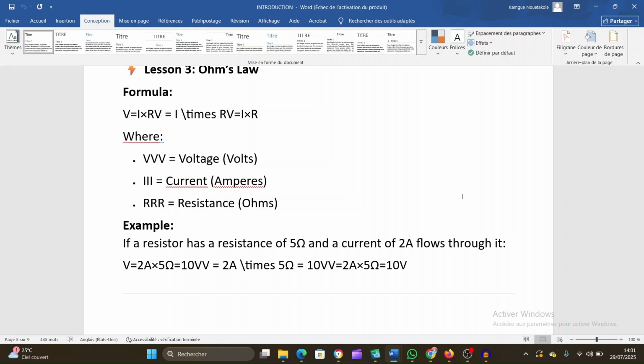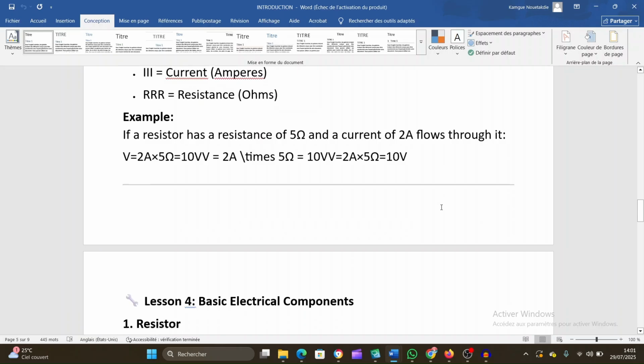These components are not exhaustive. I simply mean these are not all the components that are used in electricity. There are many other components that you will get to know as we go along. But the first component that we would like to learn here is the resistor.